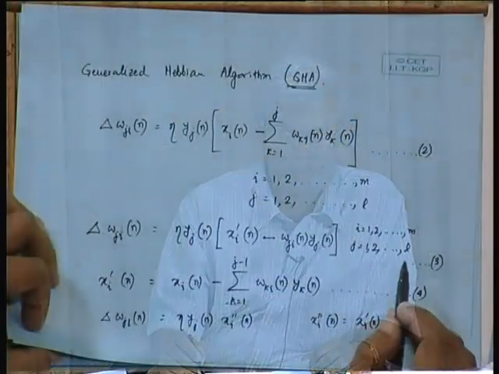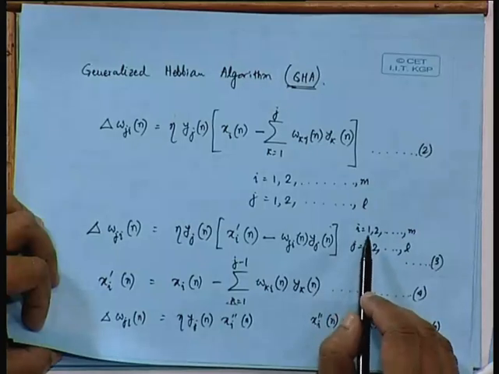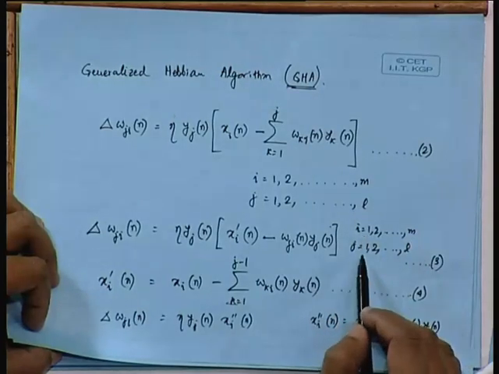Before we can show it, let us try to rewrite equation number 3. This equation is defined for i equal to 1 to m and for j equal to 1 to l.